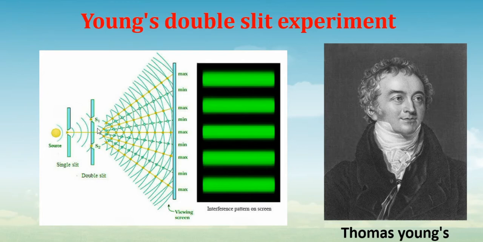The waves coming out of S1 and S2 are the light which entered there, so it is produced from a single source. That's why these are waves produced from coherent sources. So these waves are interfering. You can see the number of spherical wavefronts, and they are interfering.